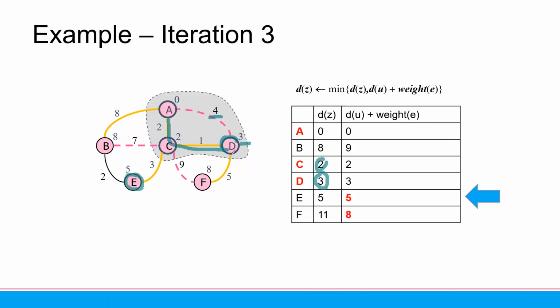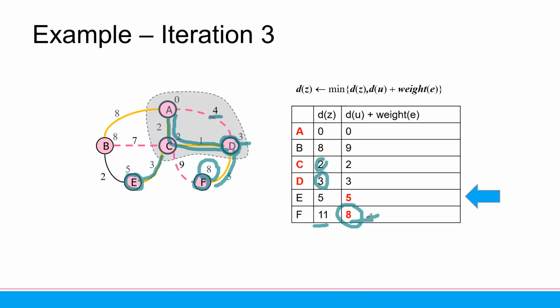If we go to D, it seems there is no update for E. But what about F? 2 plus 1 is 3, 3 plus 5 becomes 8. What is the minimum between 11 and 8?